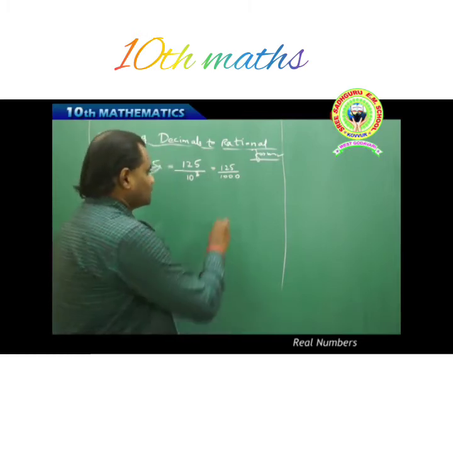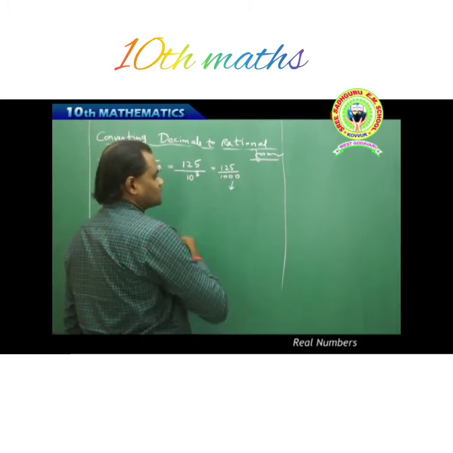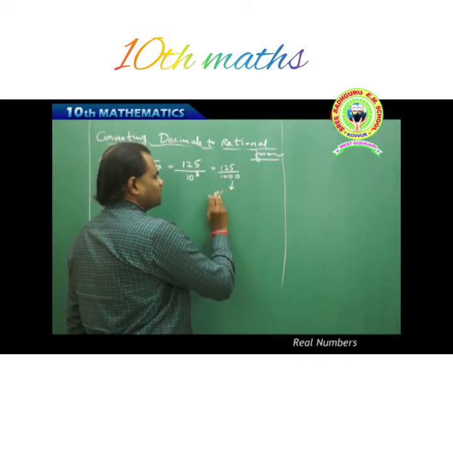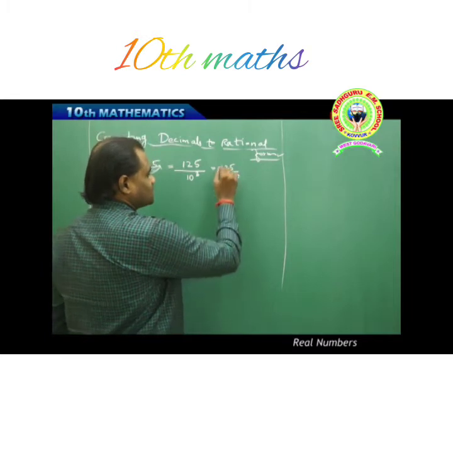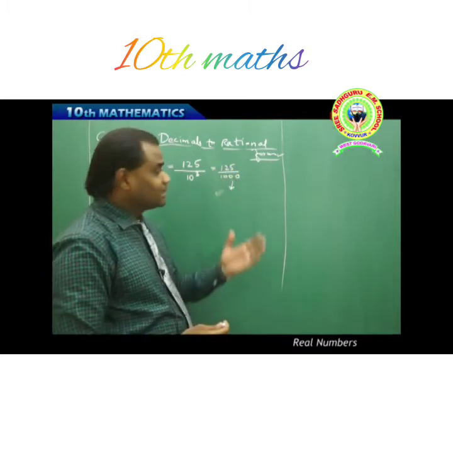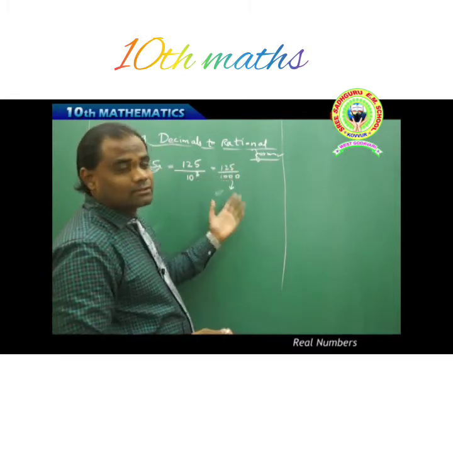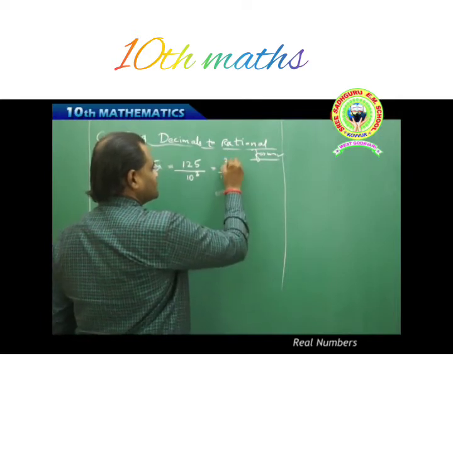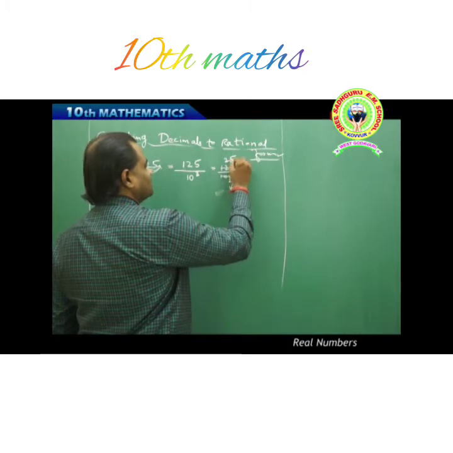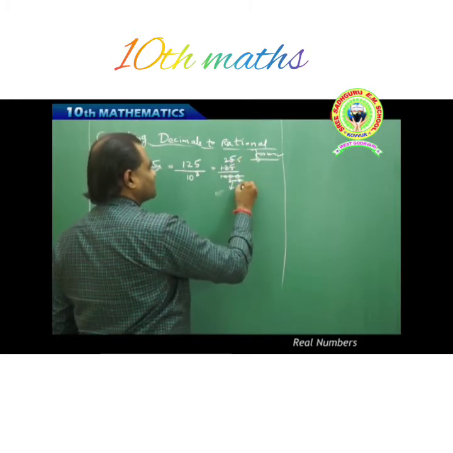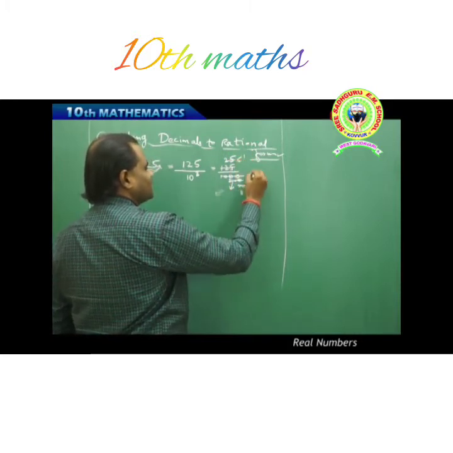But how do I give the most simplified answer for this? I wanted the most simplified answer for 125 divided by 1000. In this case, when I want to further simplify, I can divide this by 5, where I get 5 twos are 10, 5 fives are 25, 5 200s are 1000, 5 25s are 125, 5 5s are 25, 5 40s are 200, 5 1s are 5, 5 8s are 40.